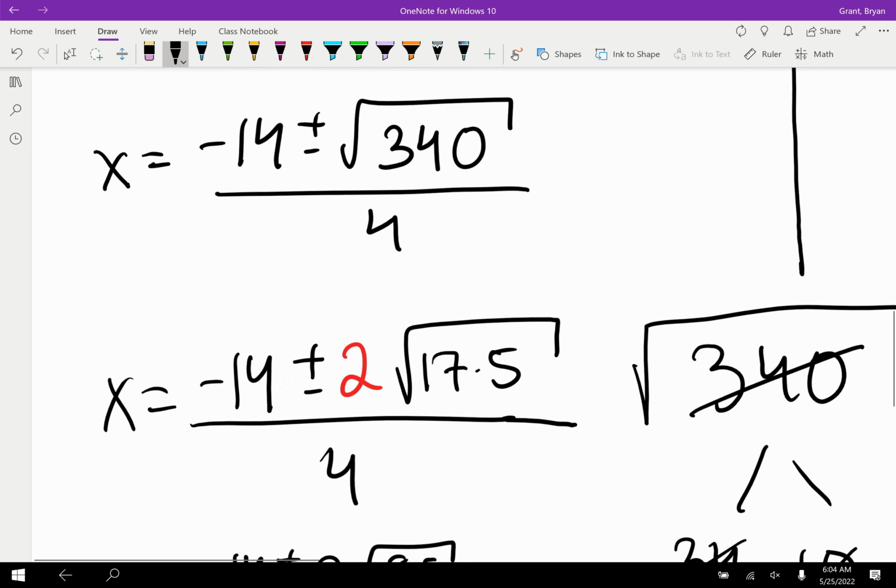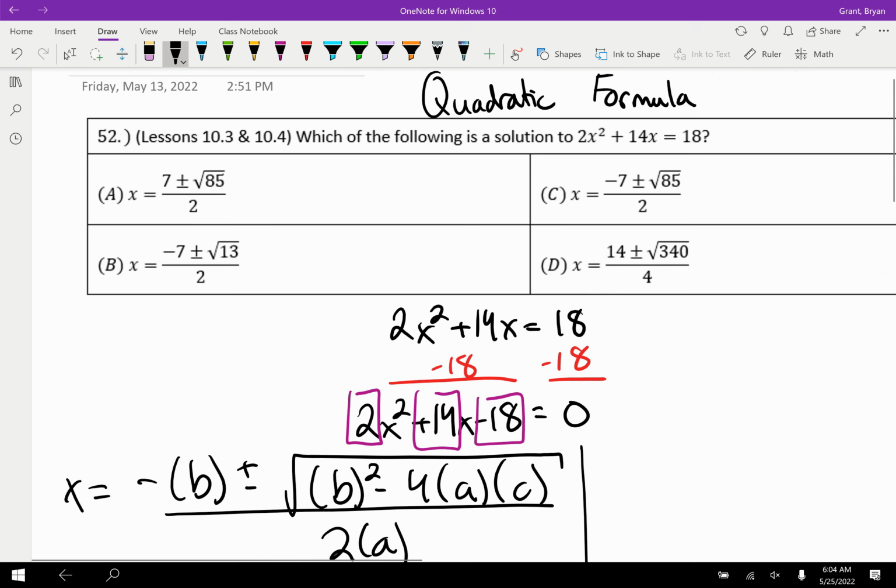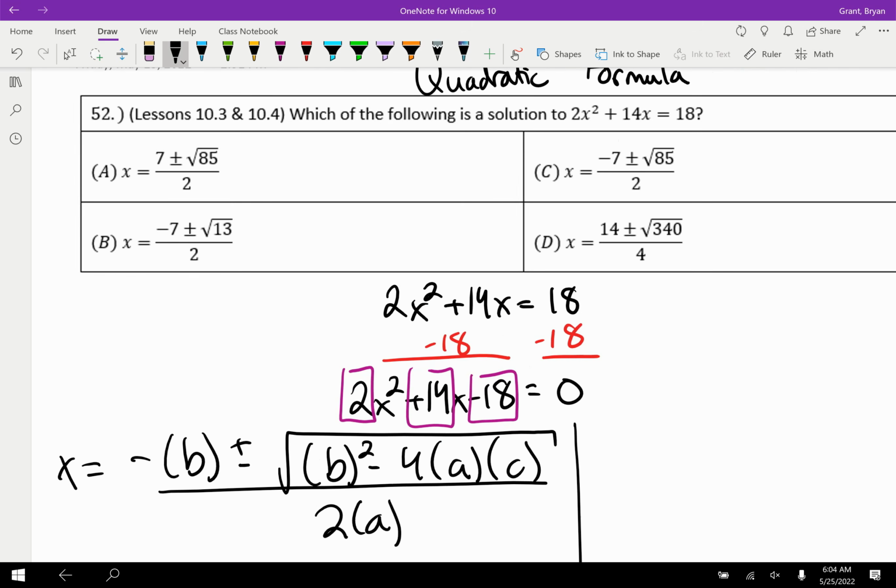Look at that. There's our negative 7. And notice that they put everything back together, but you could write this in two parts: plus minus 1 square root of 85 over 2. That's the same thing if you distribute the division or put it back together. And so we do look like we end up with C.